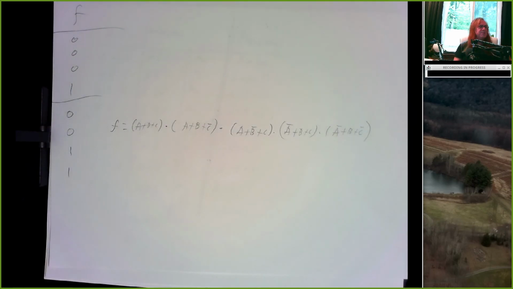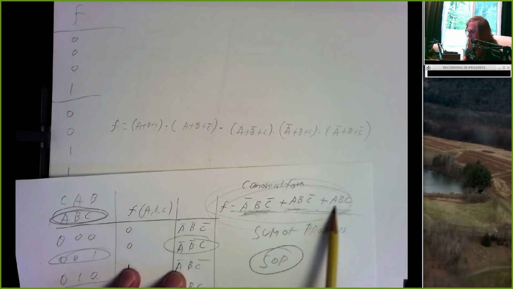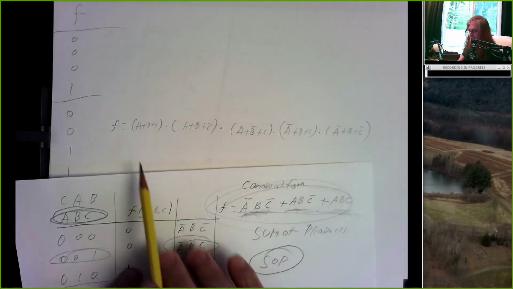And that's a product of sums equation for f. So sum of products looks like this, product of sums looks like that.